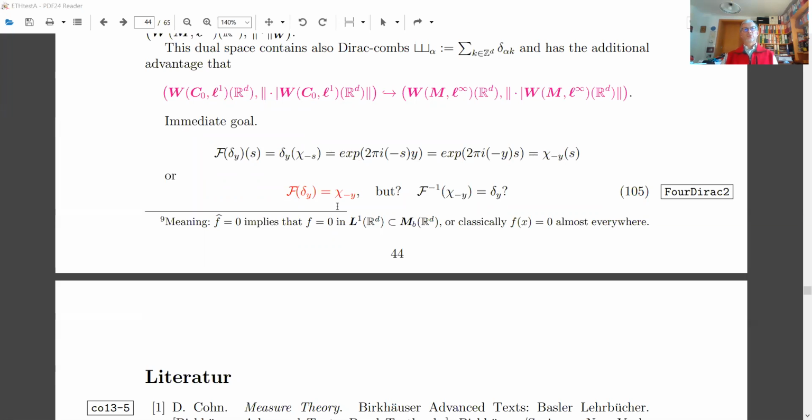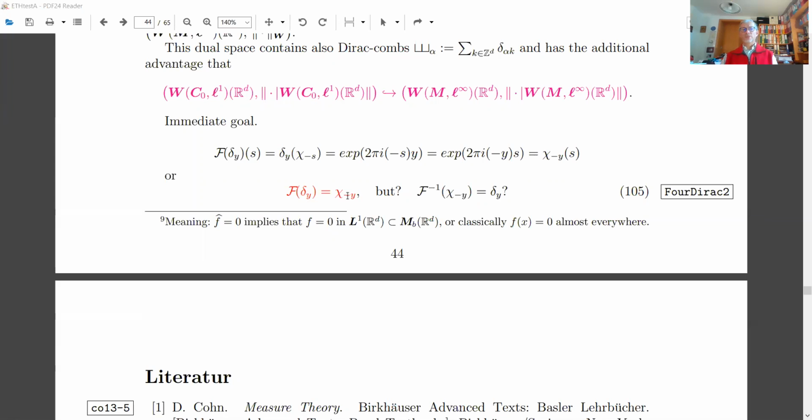The Dirac goes to a pure frequency, and therefore you would expect that the inverse Fourier transform, which we have not yet defined, should map a pure frequency back to a delta. Also, you could say, well, I just changed the sign here. So if the forward Fourier transform of a Dirac is the chi, maybe the Fourier transform of a character should be a Dirac.